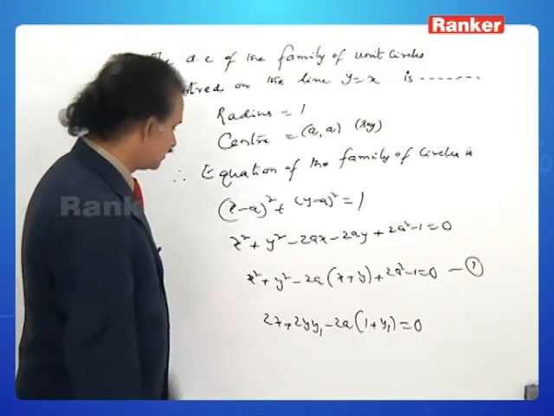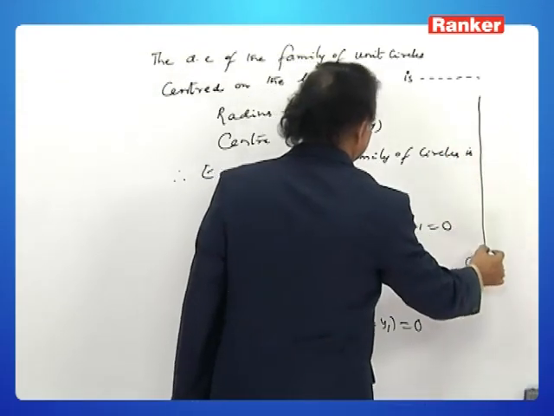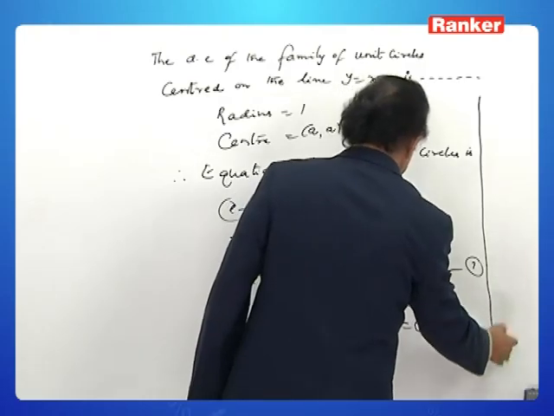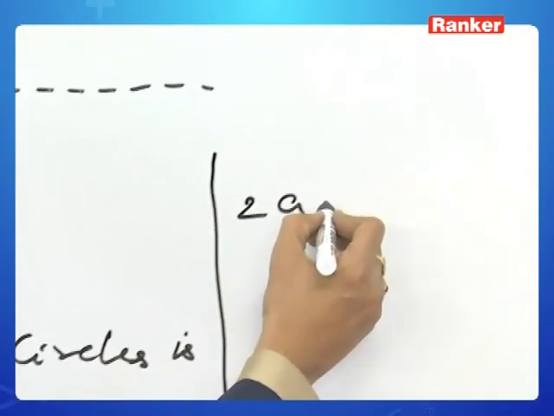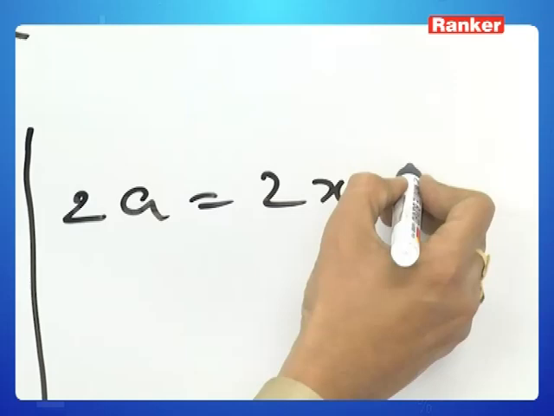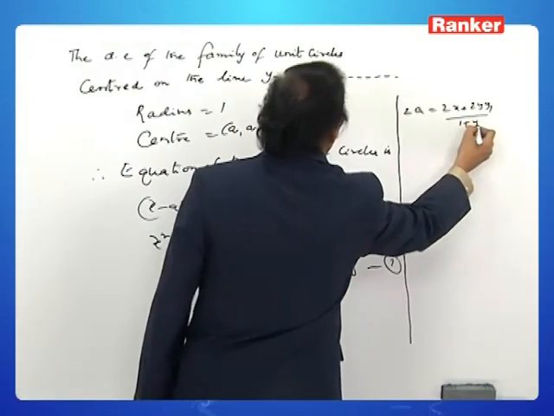Okay, from this we have 2a is equal to 2x plus 2y y1 by 1 plus y1.